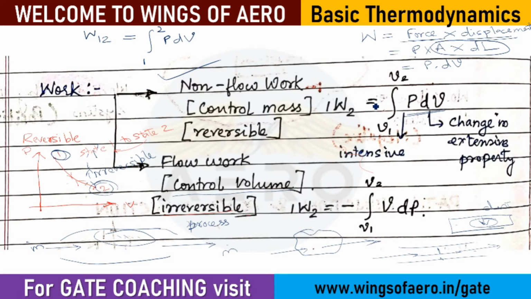Same occurs, right? Suppose you have some graph like this, where this is volume and this is pressure, and you got some kind of process from 1 to 2. Now there is one more way to find out the work done.